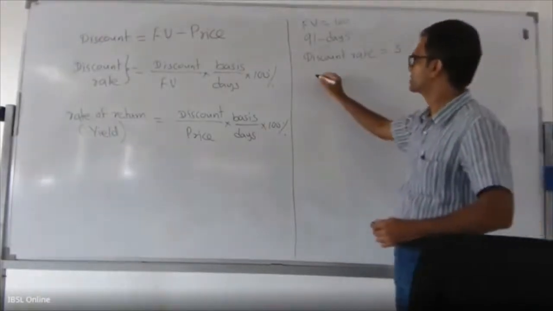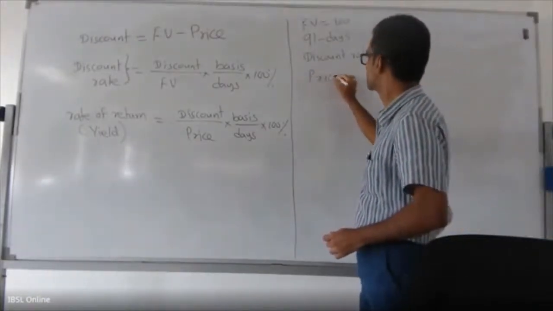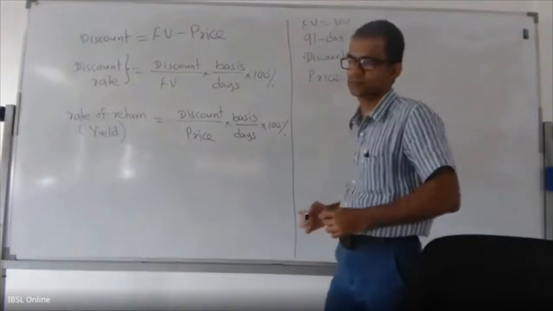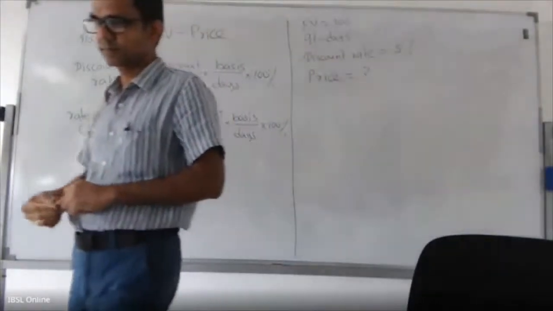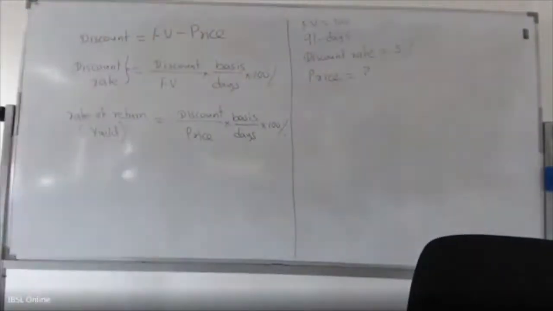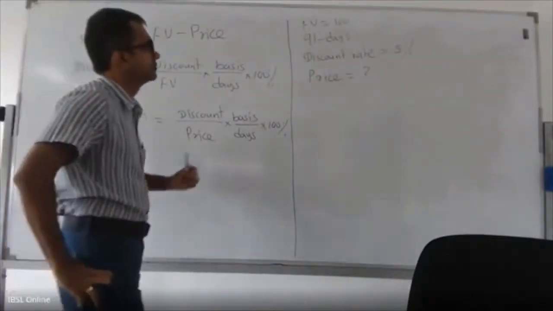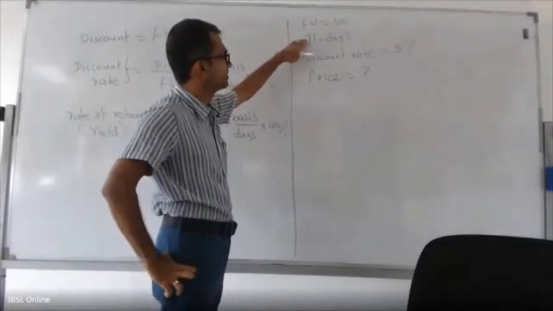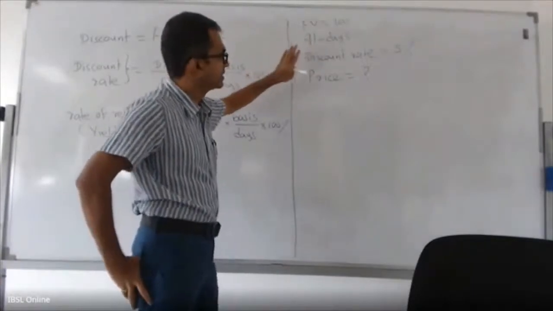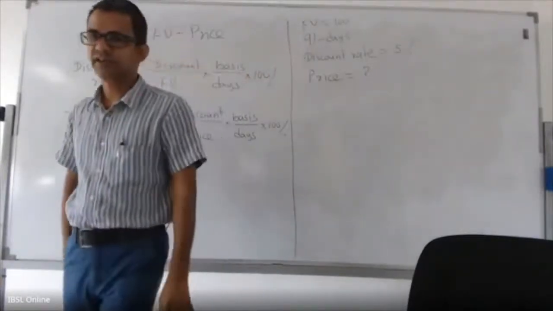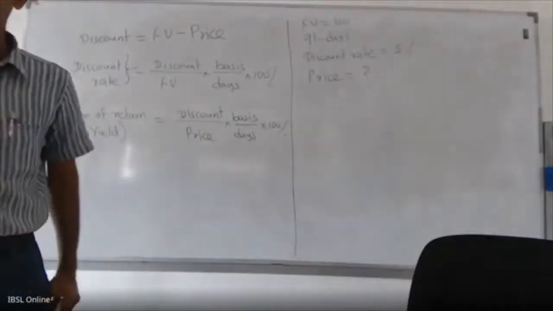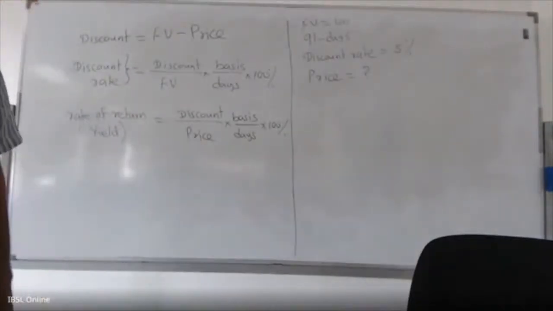What is the price? Face value is 100, 91-day treasury bill. Your discount rate is 5%. What is the price that you are going to pay to buy this bond?